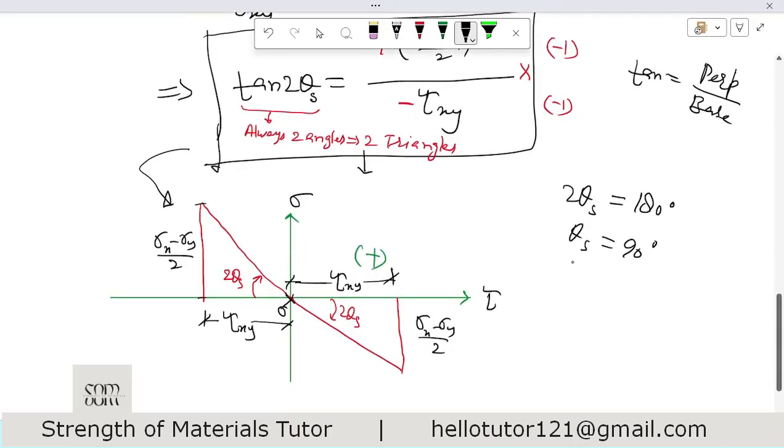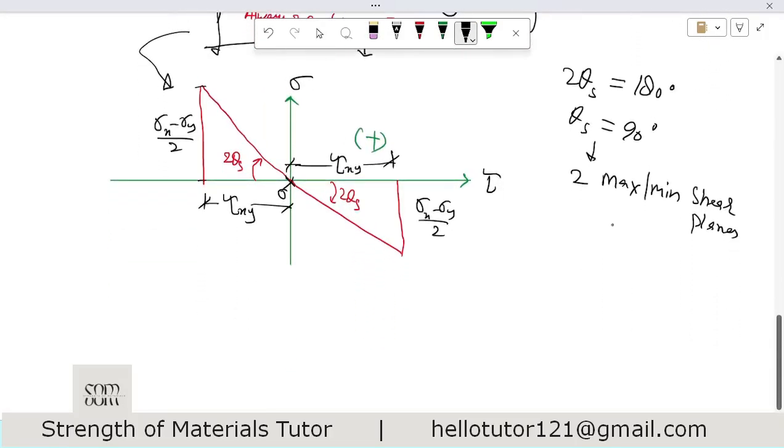It means we have two max or min shear planes, and the angle between them is 90 degrees. So for example, if this is one maximum shear plane, then this one is going to be the other shear plane. So the angle between them is 90 degrees.